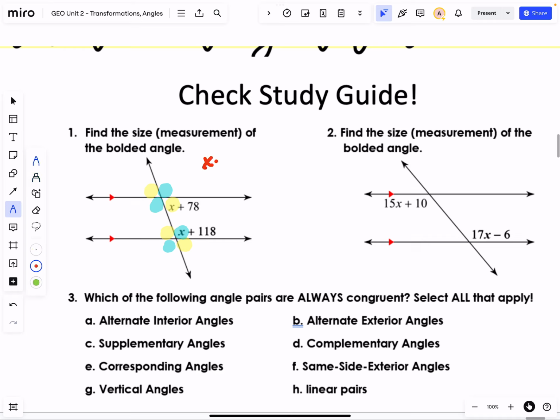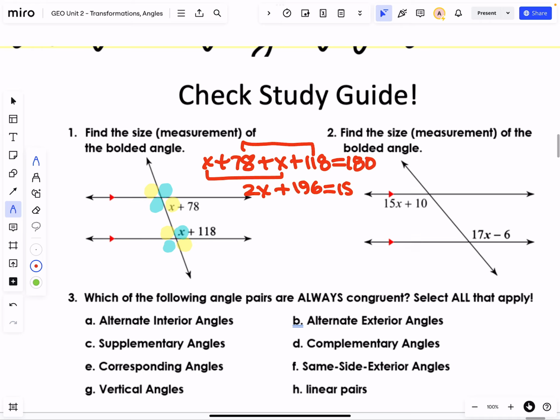So x plus 78 plus x plus 118 is equal to 180 degrees. Combine your like terms, so 2x plus 196 is equal to 180. 2x is equal to negative 16 when we subtract 196 from both sides, and then divide by 2, and we would get x is equal to negative 8.